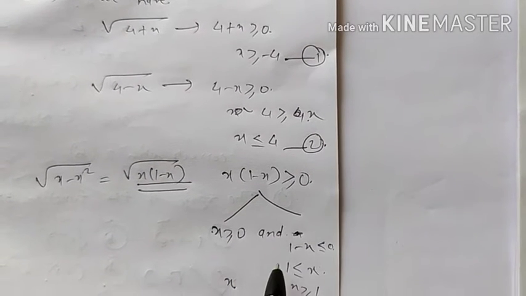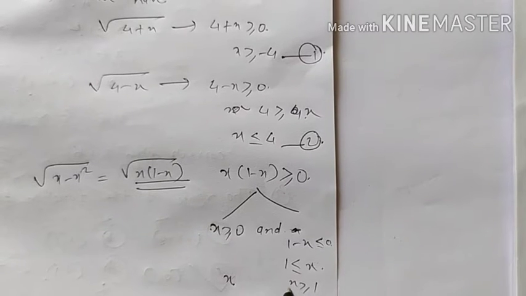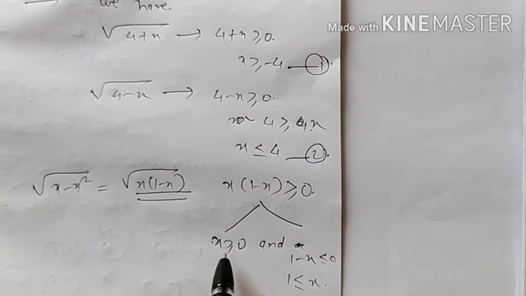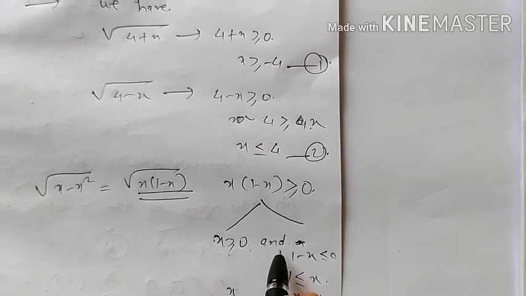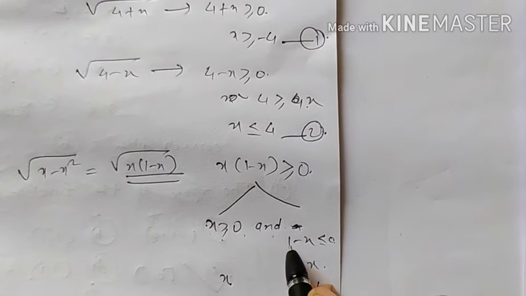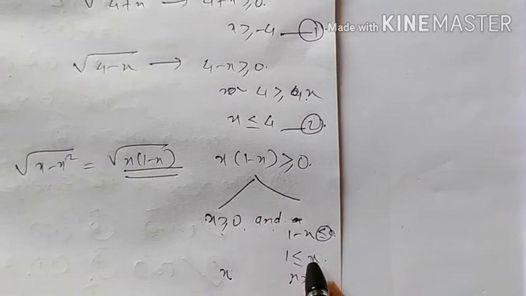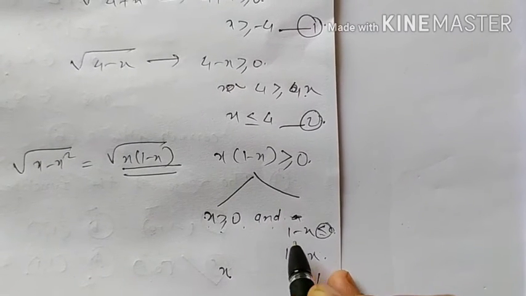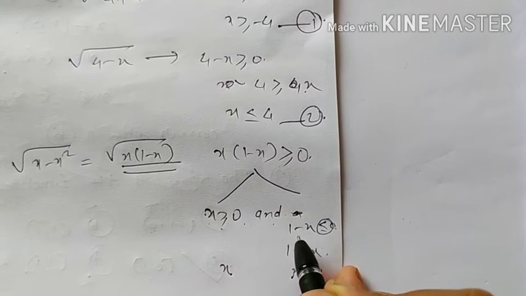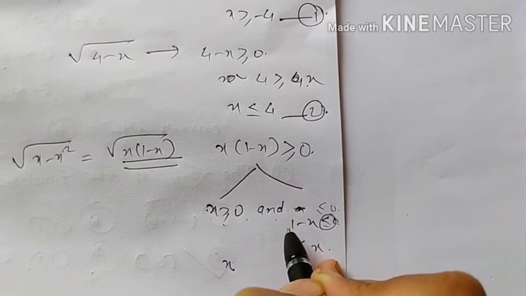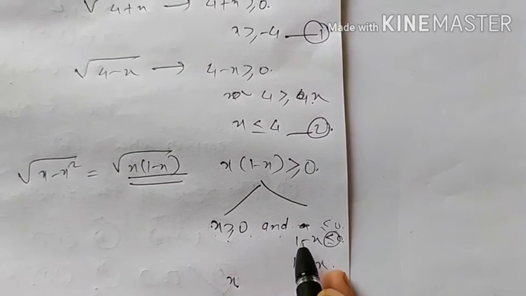See here what we have, x is greater equal to 0, and if we'll take 1 minus x greater equal to 0, then we'll get x is less than or equal to 1. If we'll take 1 minus x less equal to 0, x is greater equal to 1.